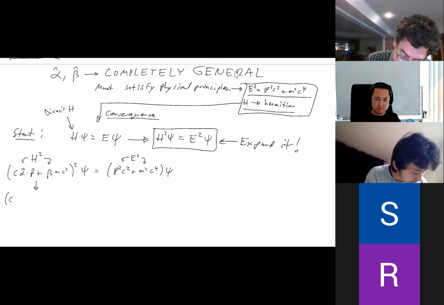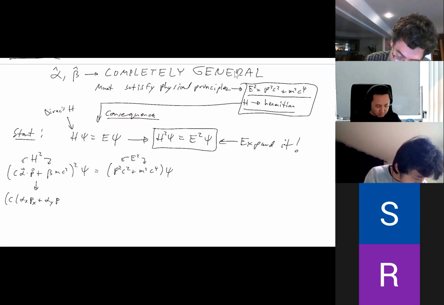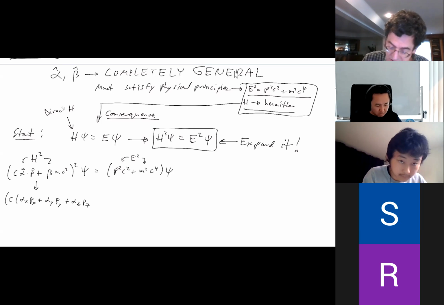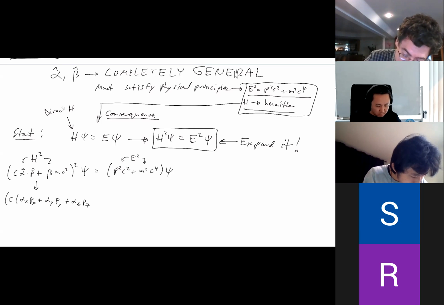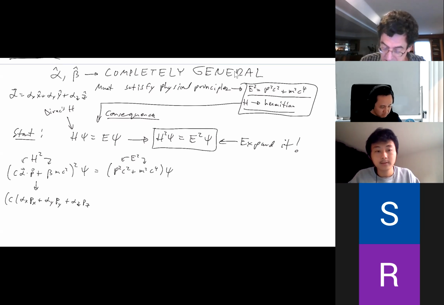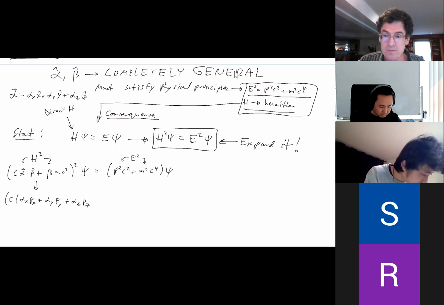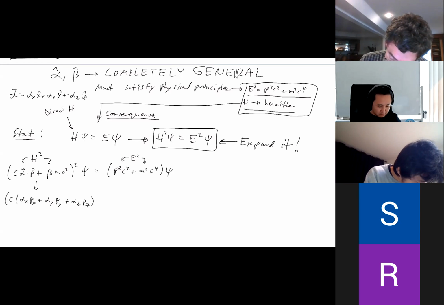So alpha dot p is going to be alpha x px plus alpha y py plus alpha z pz, right? Because alpha is a vector, alpha is equal to alpha x x hat plus alpha y y hat plus alpha z z hat, right? It has to be a vector, because otherwise alpha dot p makes no sense. Plus beta mc squared.